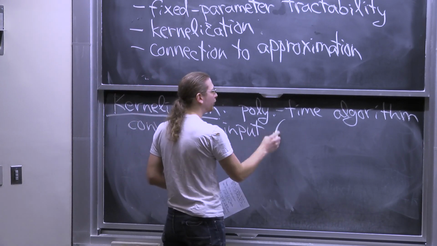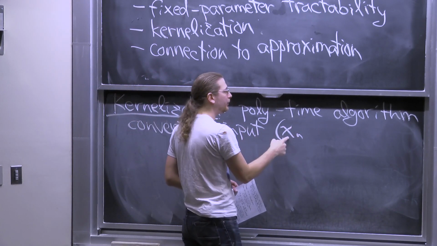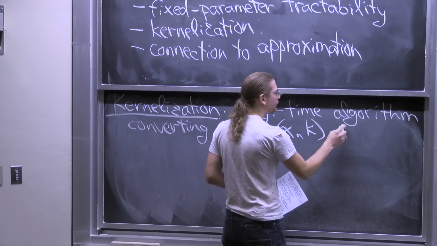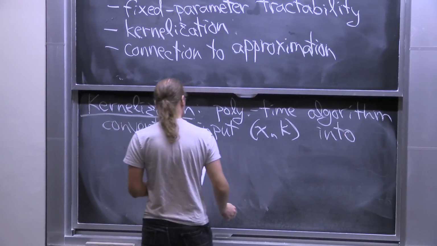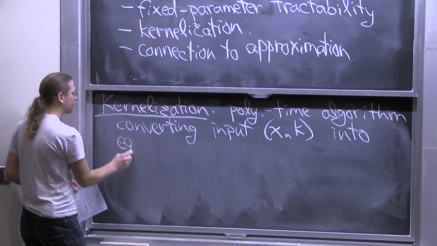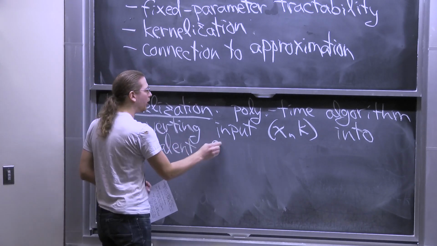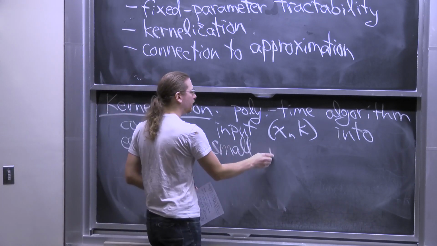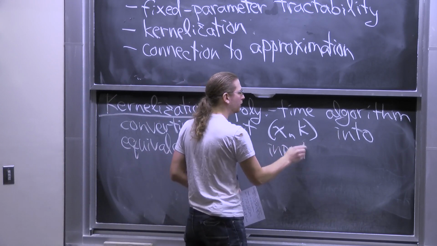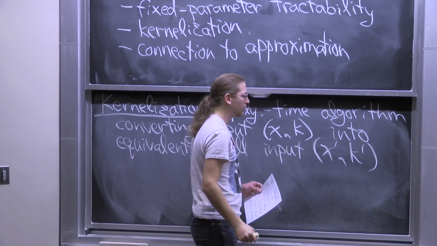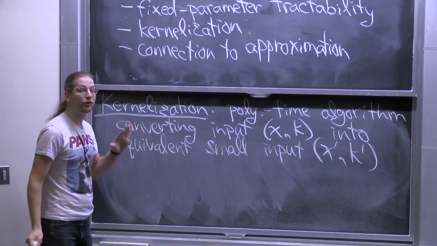So this is for a parameterized problem. An input consists of some regular input x and a parameter k. And we want to convert it into an equivalent small input x prime, k prime to the same problem.